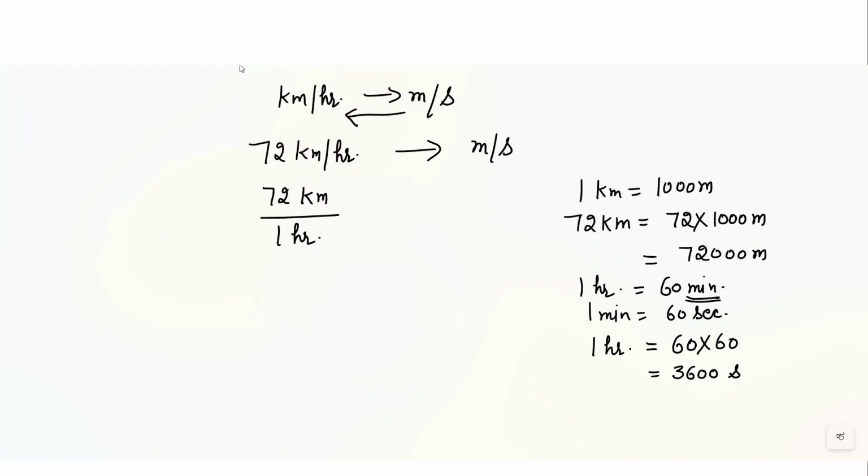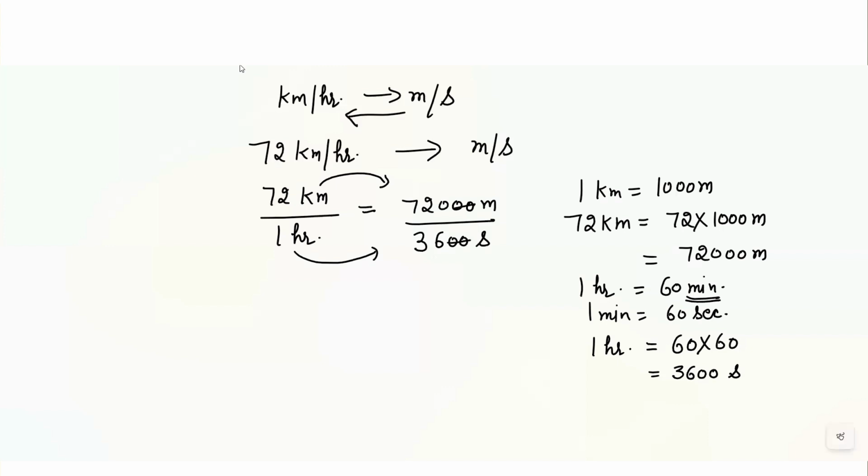So what we will do now, we will substitute in place of 72 kilometer what it equals to in terms of meter. So that is 72,000 meter. Then in place of 1 hour, we will substitute here in terms of seconds. So 1 hour is equals to 3600 seconds. Now we will simplify it. We can cancel these two zeros.